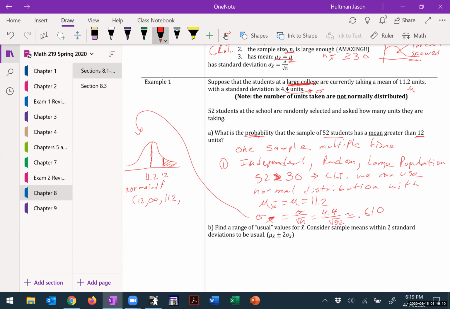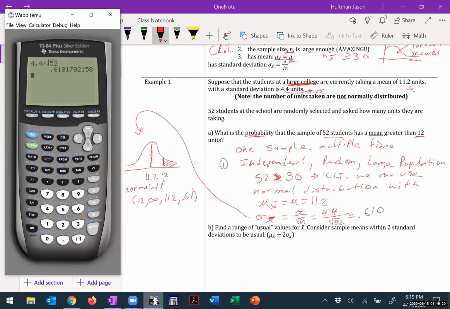Now I'm picking groups of 52, so this becomes 0.61. If I plug that into my calculator, second VARS, normal CDF, the lower is 12, the upper is infinity, so I'm going to do 1e99.